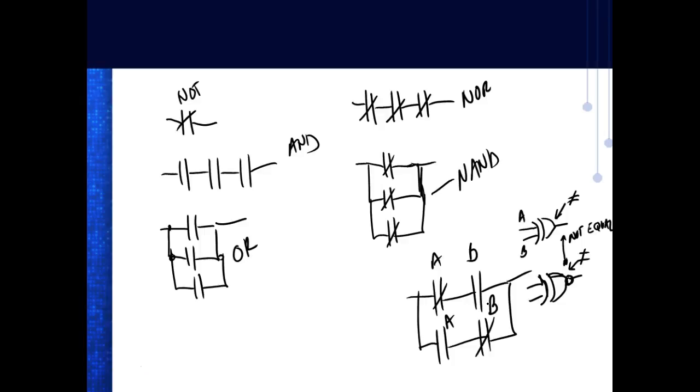On this one right here, if the inputs are not equal, I get a 1. If the inputs are equal, I get a 0. On this one, if the inputs are not equal, I get a 0. If the inputs are equal, I get a 1. And this is what gets people confused, this little bubble they put on the input, because they're thinking true and false and that kind of stuff, right?